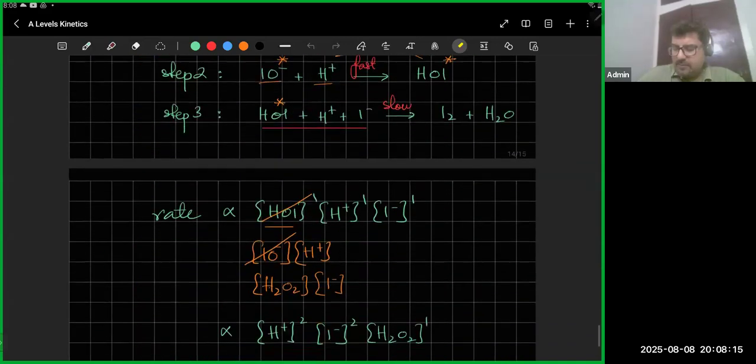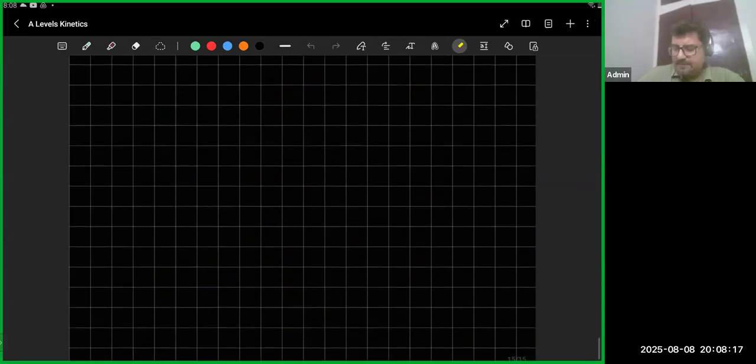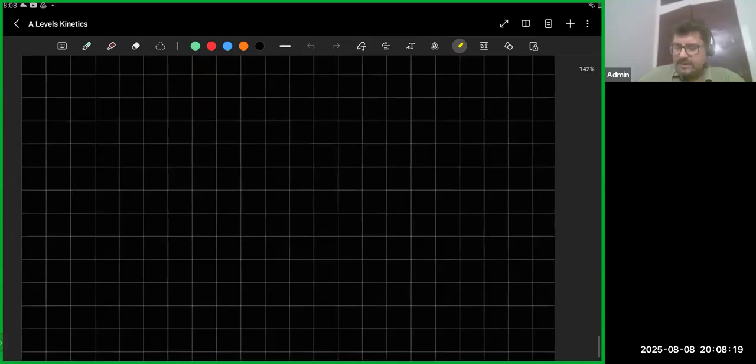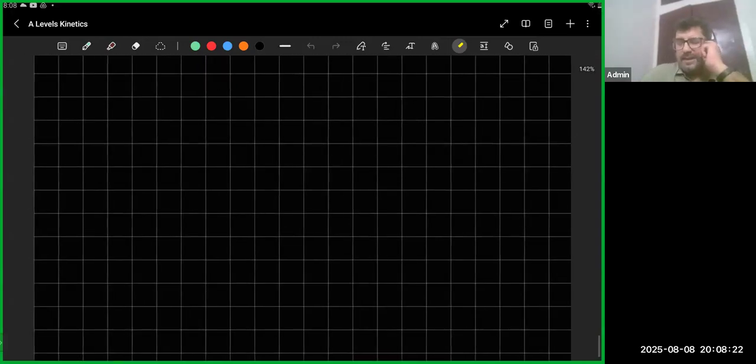So last time we did mechanisms. तो आज जो करना है, what we're going to do is: in mechanisms I had explained to you how the order works.